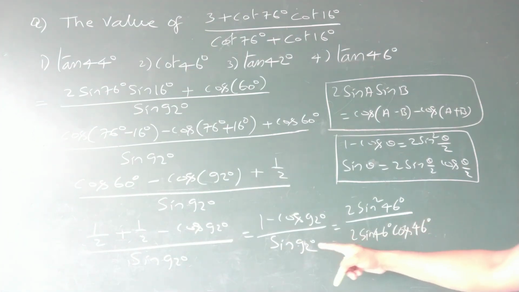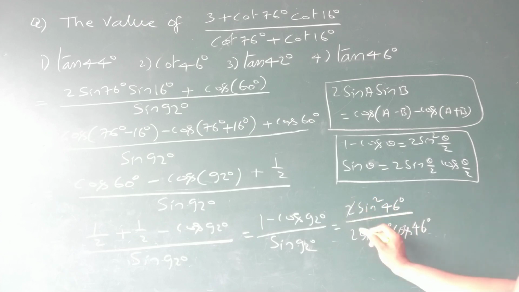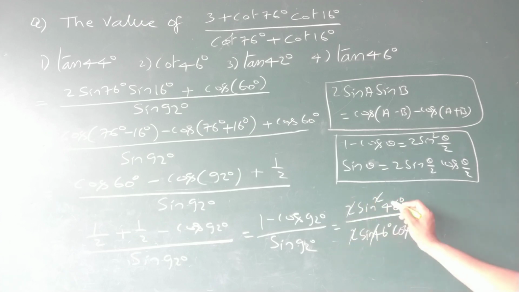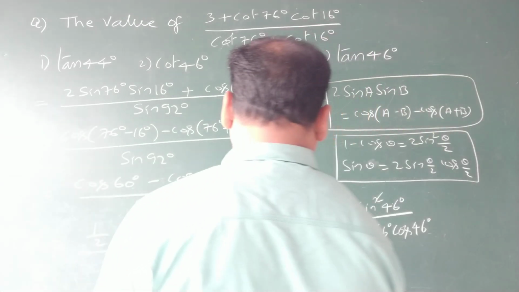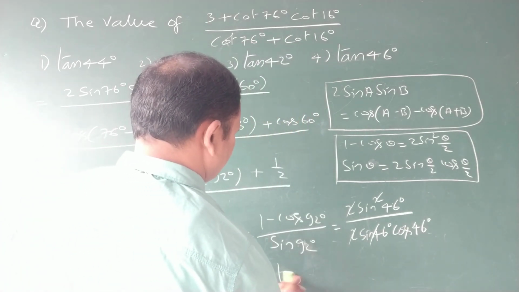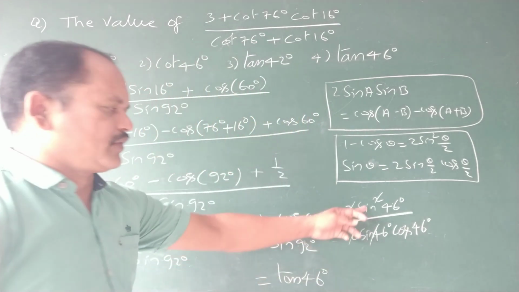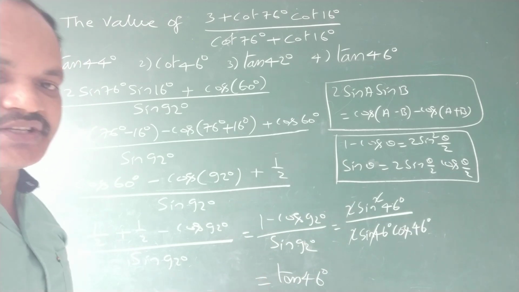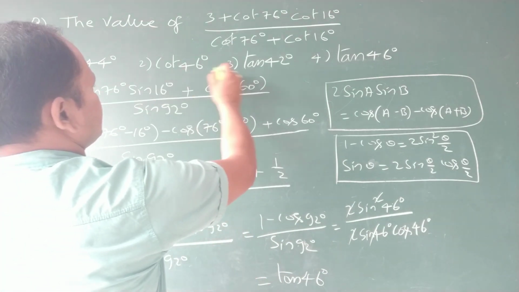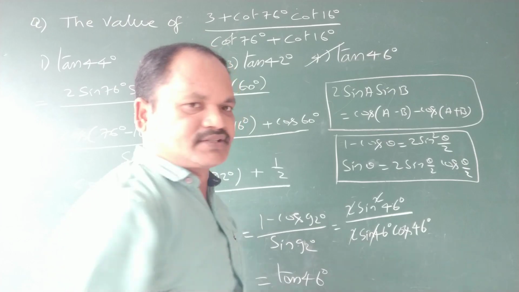The 2 gets cancelled, and one sin gets cancelled. Now sin 46 by cos 46 is tan 46 degrees, which is the fourth option.